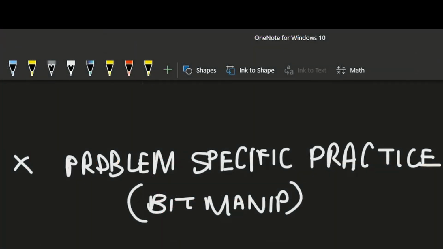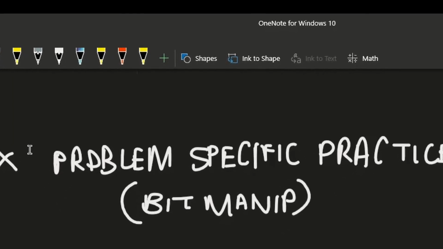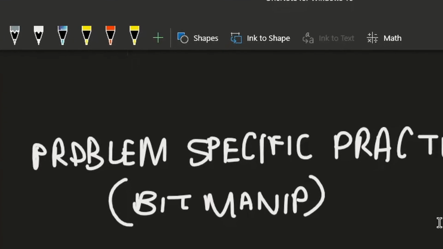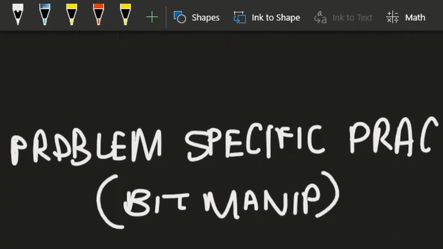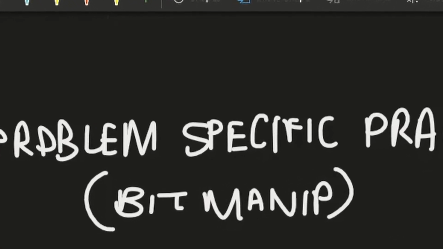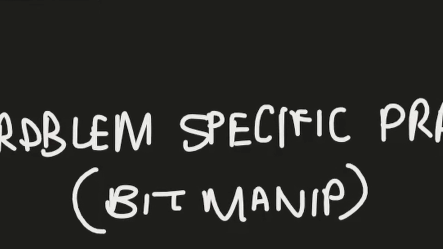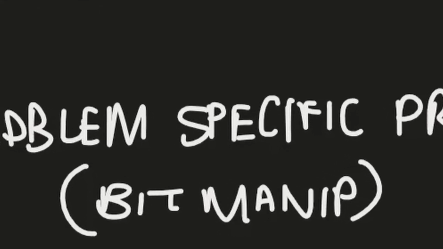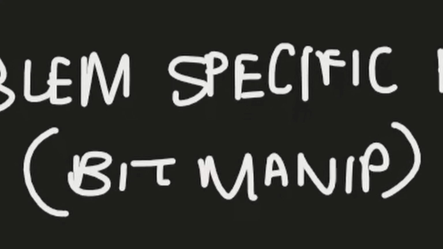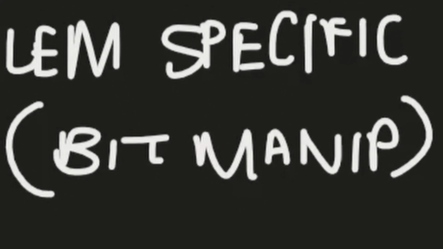Okay, so I'll quickly go over what I'm planning to get done this week, and here they are. The plan is to do problem-specific practice, more particularly bit manipulation, because I am crap scared of it. I don't want to see it in contests, and I know if I see a bit manipulation problem, I lose hope, and it's quite sad.